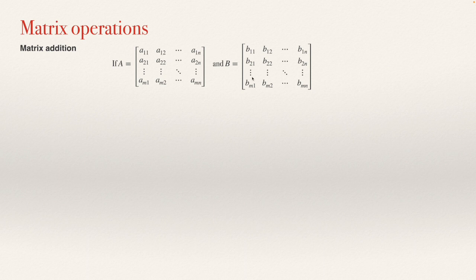And adding the two matrices actually is adding, one by one, the components of the matrix.